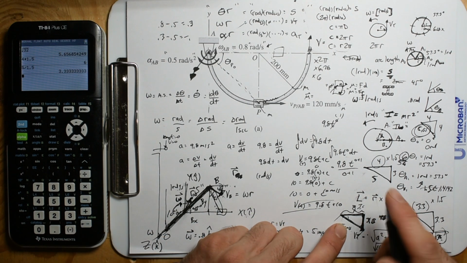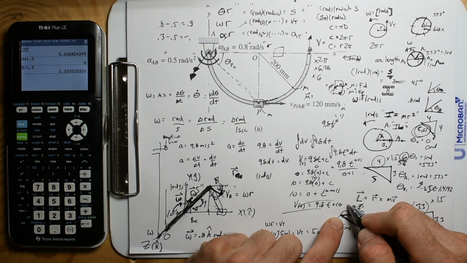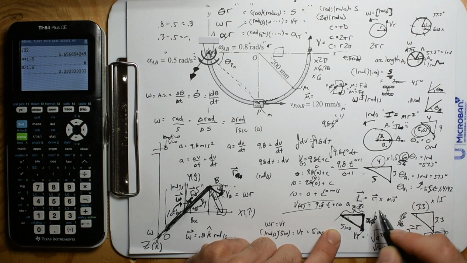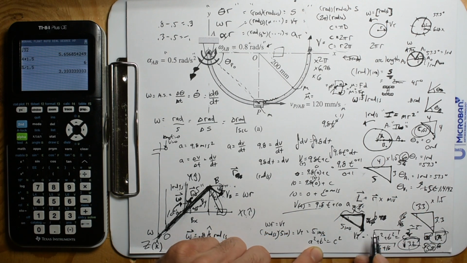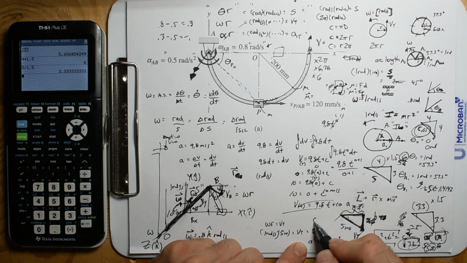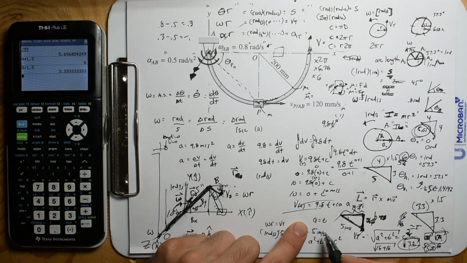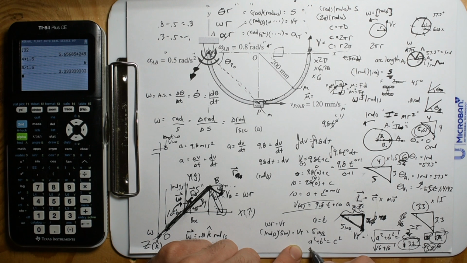How do we do this for real? We see that these components, a and b, are the same. C is 5, so we're going to go a squared plus b squared is equal to c squared. We know that a is equal to b because it's 45 degrees, so we can say, hey, that's a squared plus a squared is equal to c squared. That's going to be 2a squared is equal to c squared.